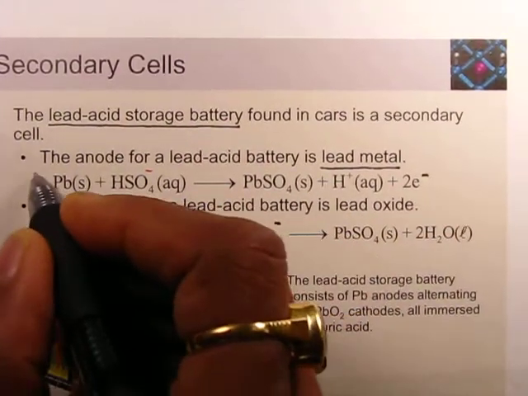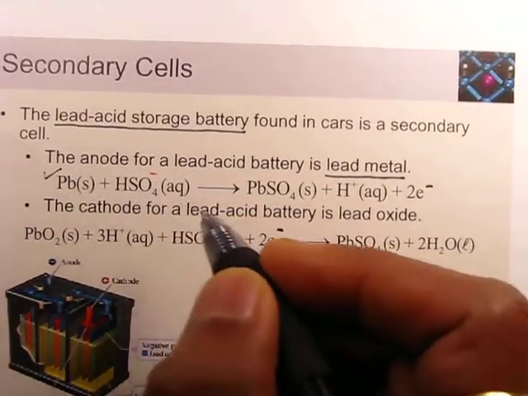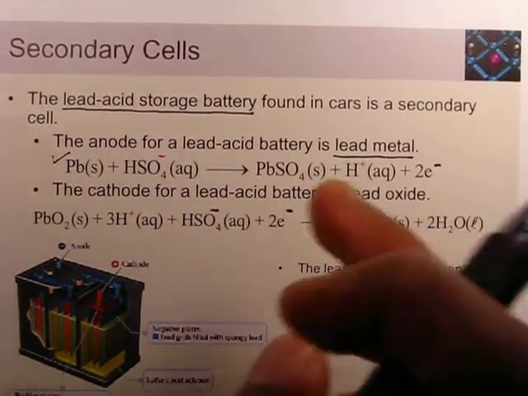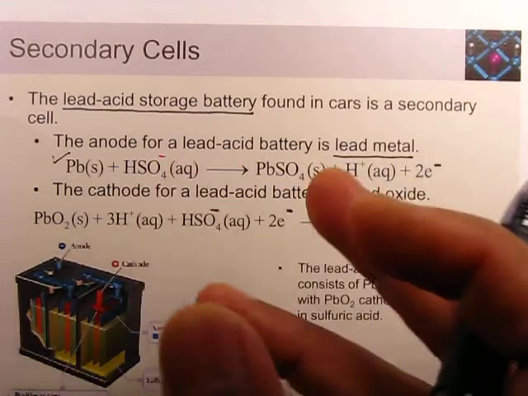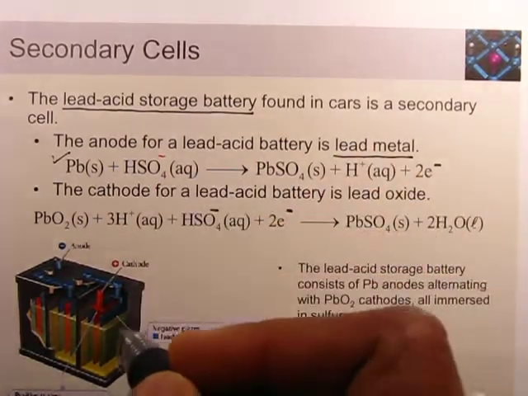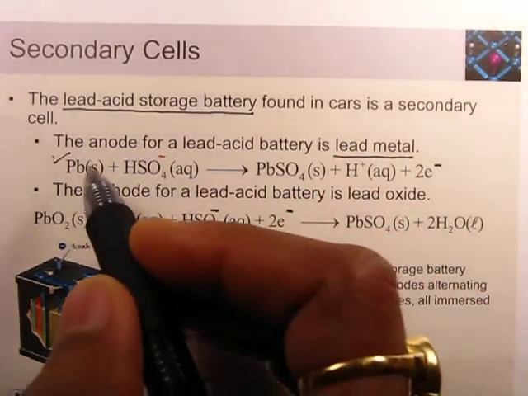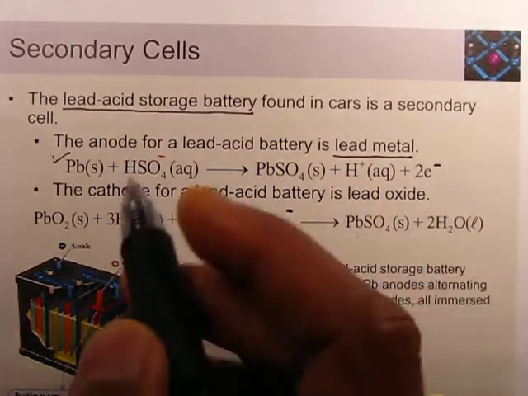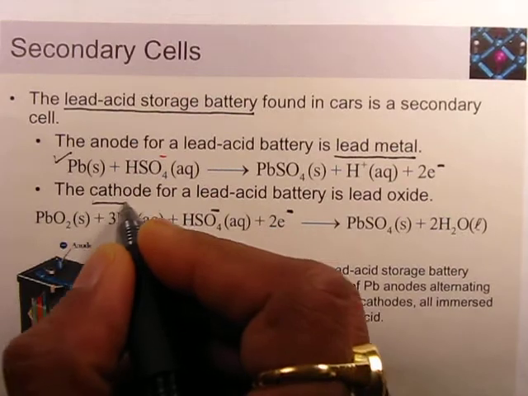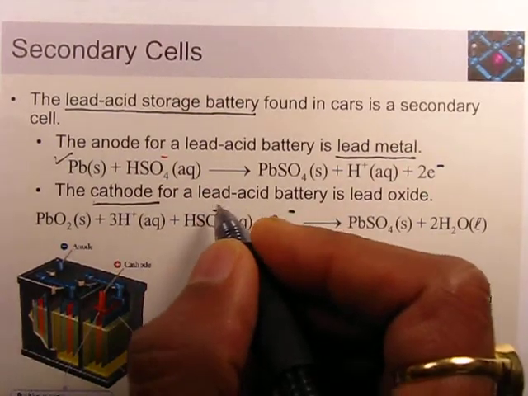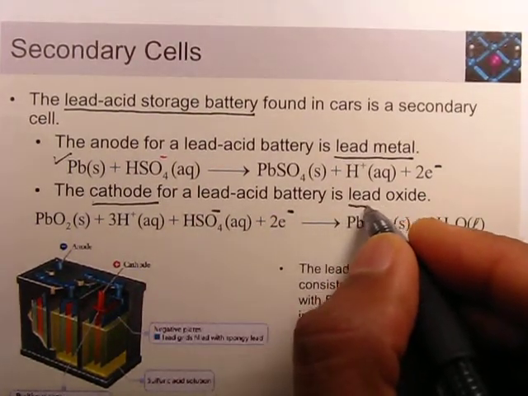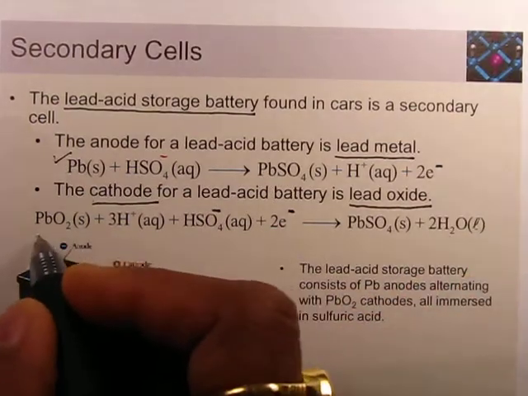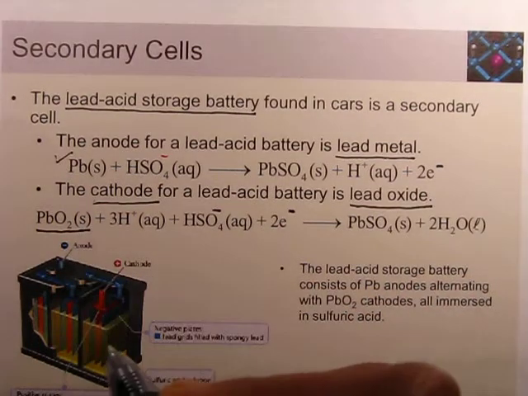So lead metal is this one. When there is sulfuric acid in the mixture in this battery, lead oxidizes to lead ion, and in the case of the cathode, lead oxide is the main cathode.